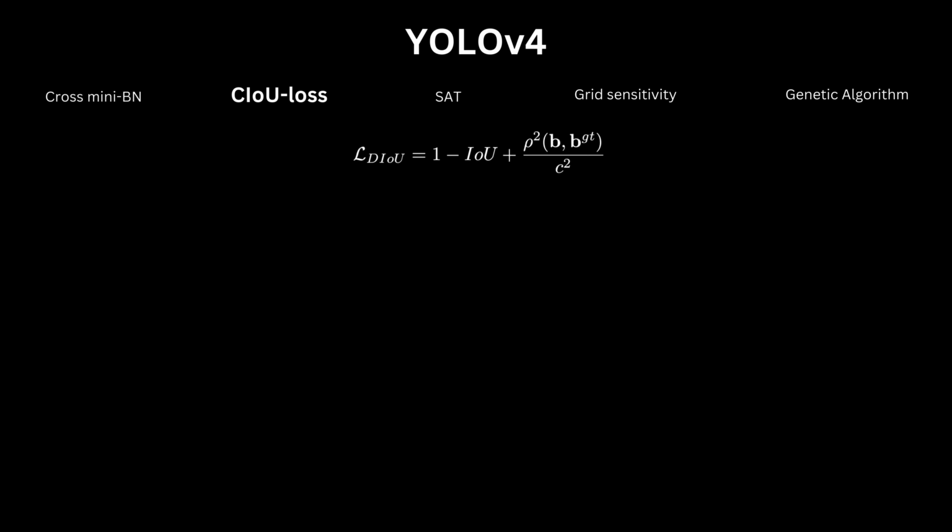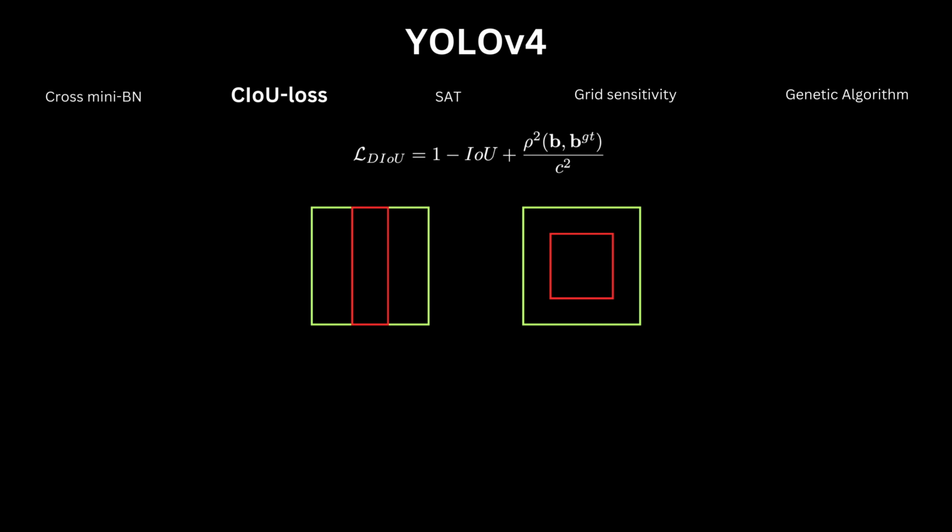To see why we even need complete IOU loss, imagine the case when both the boxes, predicted and target, have the exact same center, but their aspect ratios are different. Now these two cases actually have the same IOU, and their penalty term from distance IOU loss is 0, since their centers are same. So for both cases, distance IOU loss is same. But we would prefer the right one, because the prediction box, while having the same IOU as left one, has also the same aspect ratio as the target.